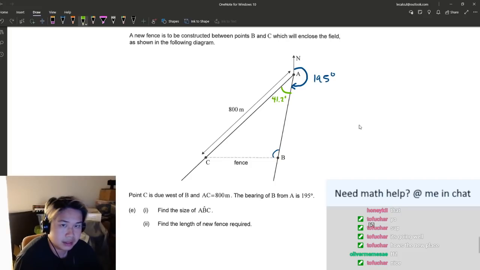So when working with bearings, it would be good if we could draw north, south, and east and west axes. So if I do it like this, then this little piece right here of blue that's past 180 is 15 degrees. So this angle is 15. I don't know if I need this yet. I'm just writing it down.